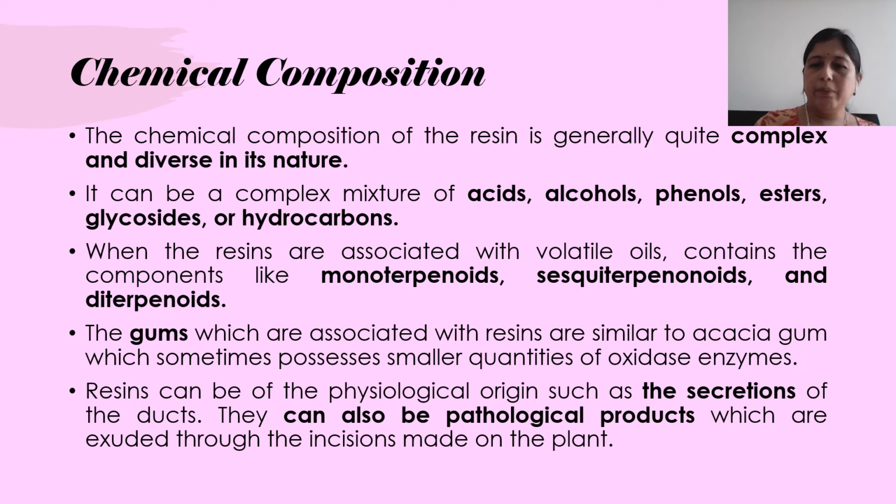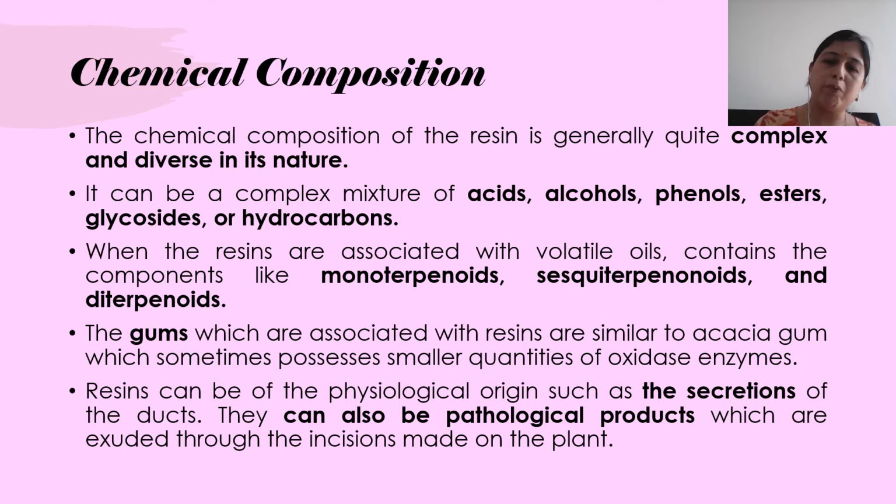Now, if we look at the chemical composition of resins, as we already discussed, it is a very complex mixture and very diverse in nature. You will not get a simple kind of resin or a single component in resin. It will always be a mixture. One of the important ingredients in this mixture is the volatile oil and its oxygenated products. We have already discussed that volatile oils exist in the form of various functional groups like acid volatile oils, alcohol volatile oils, etc. The same thing is there in resins also.